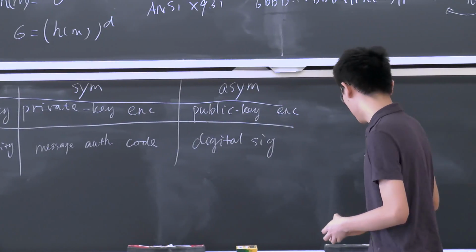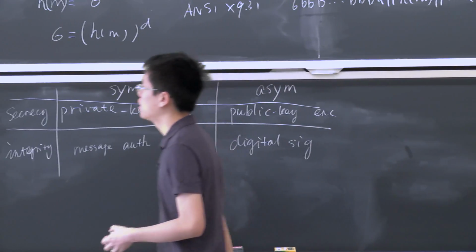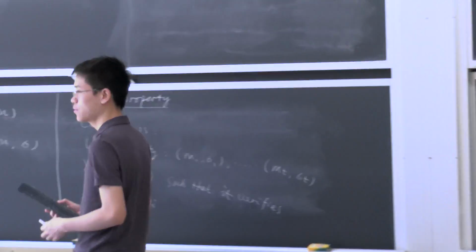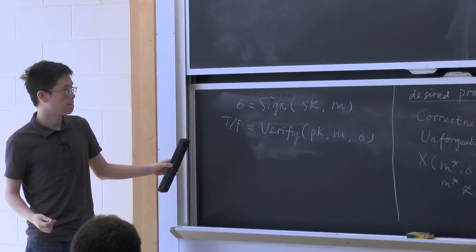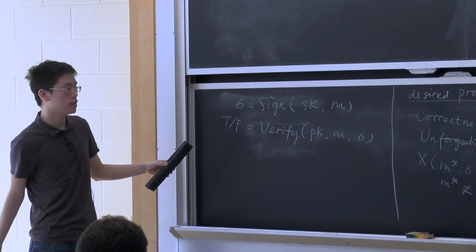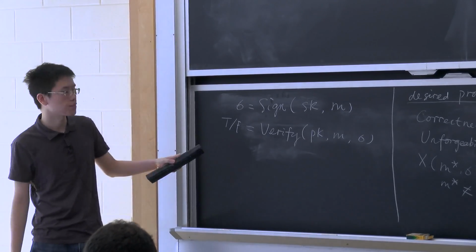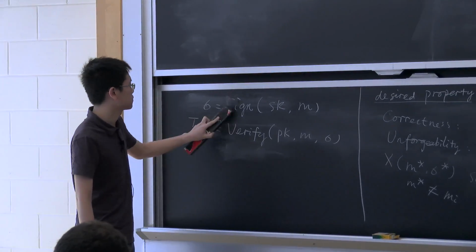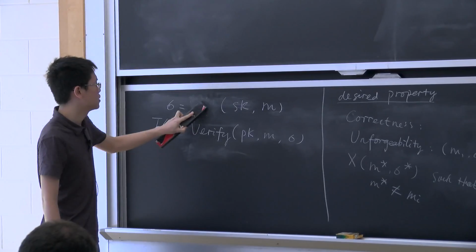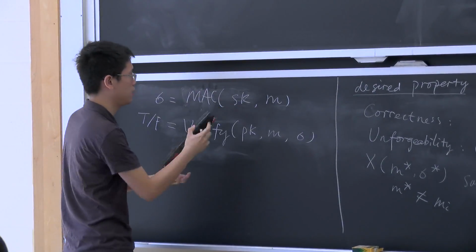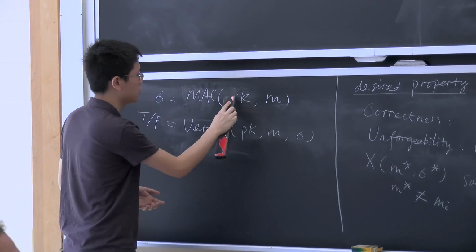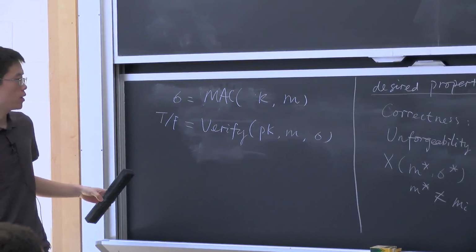So its definition is basically exactly the same as digital signature, except that it has only one key. The sign function is replaced by a MAC, and there's no notion of secret key and public key. We have only one key.